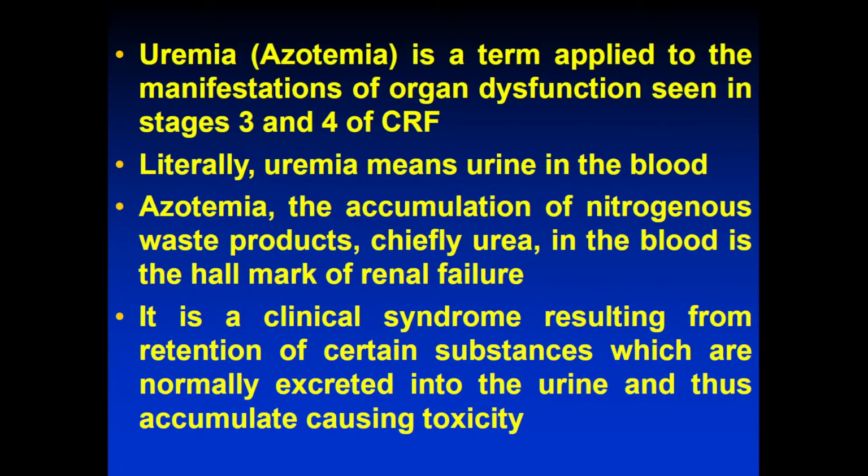Azotemia, the accumulation of nitrogenous waste products, chiefly urea, in the blood is the hallmark of renal failure. And in general, it is a clinical syndrome resulting from retention of certain substances which are normally excreted into the urine and thus accumulate, causing toxicity.